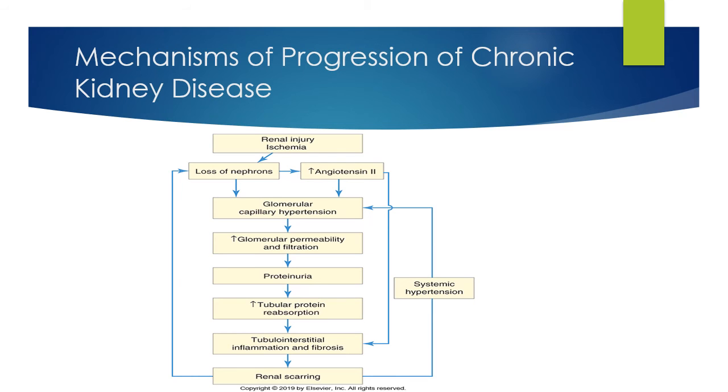This algorithm shows the mechanisms of progression of chronic kidney disease. And two factors that have been consistently recognized to advance renal disease are proteinuria and angiotensin II activity. So glomerular hyperfiltration and increased glomerular capillary permeability can lead to proteinuria.